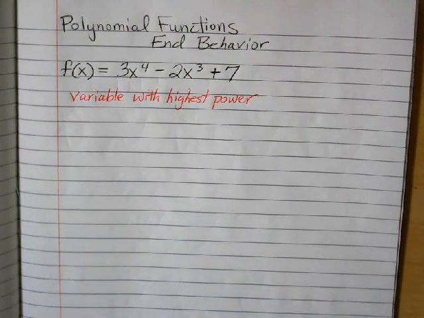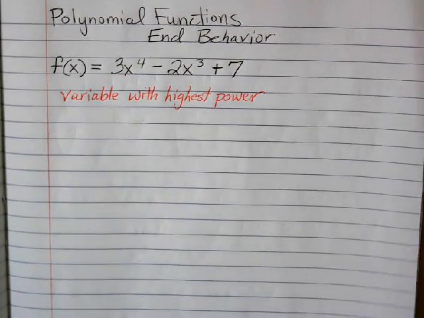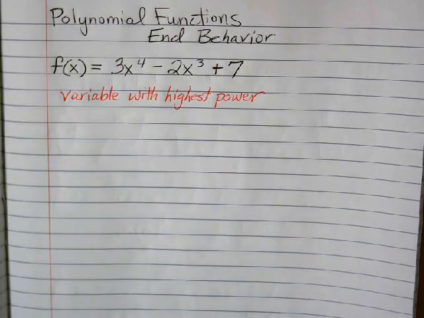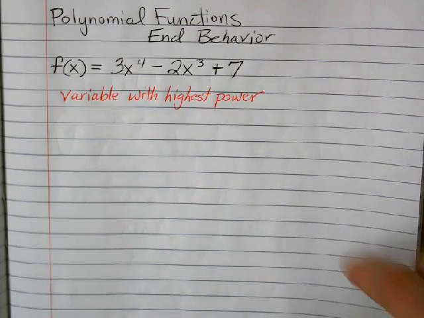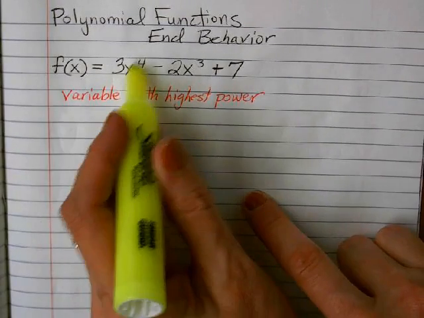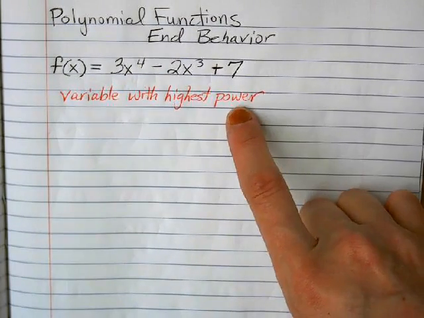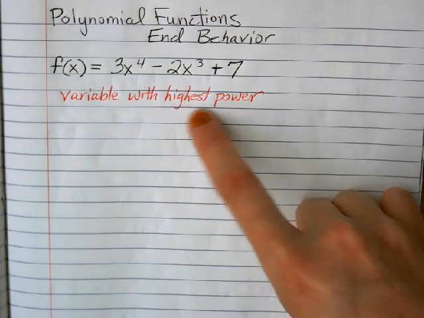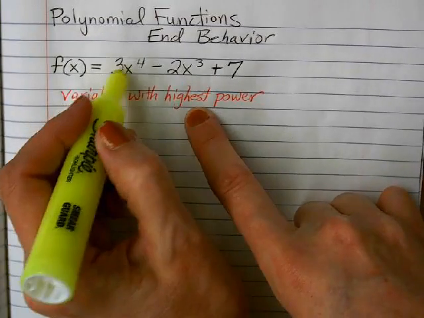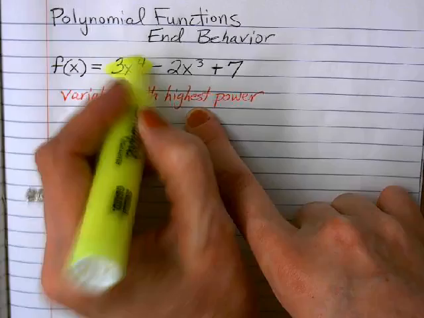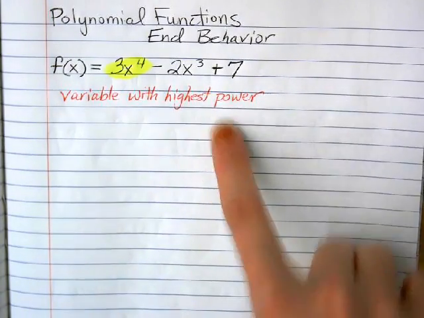There's letters in your equation, right? Which variable has the highest power? I see a letter x here, I see a letter x here. Which one has the highest power, though? Yeah, the one that starts with 3x to the fourth. Yeah, this one. That one has the highest power.